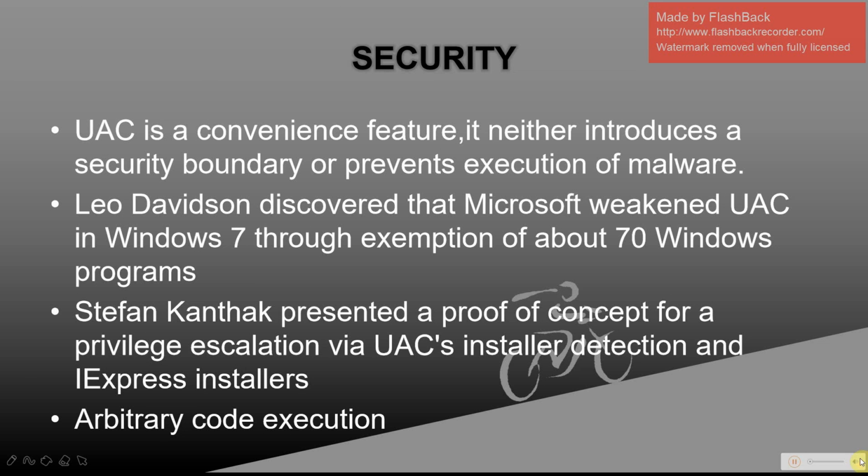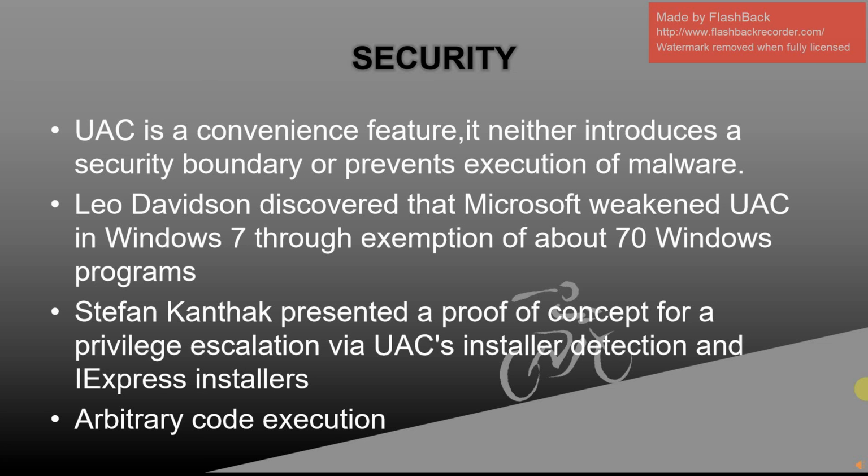Lastly, the security of UAC. UAC is a convenience feature. It neither introduces a security boundary nor prevents execution of malware. Leo Davidson discovered that Microsoft weakened UAC in Windows 7 through exemption of about 70 Windows programs.